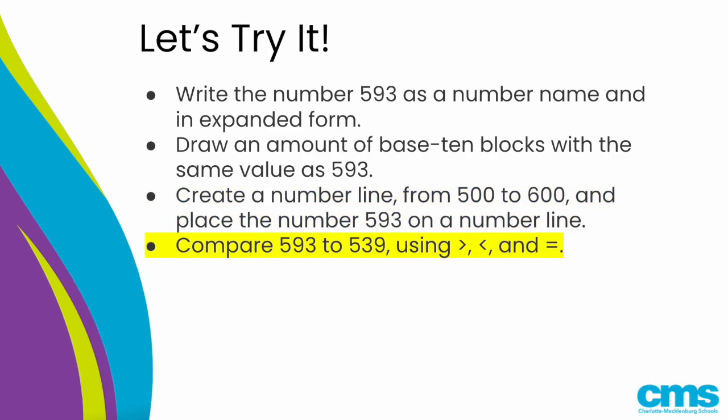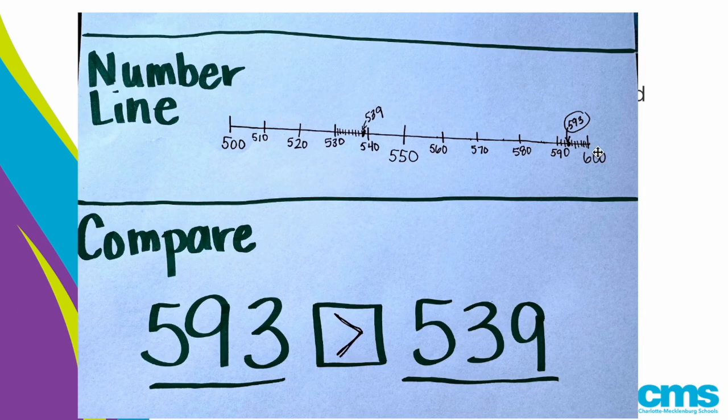So for the last part, we're going to compare 593 to 539. Now notice those have the same digits, but some of those digits are switched. They both have the same number of hundreds, so then we should be comparing the tens. So I did that actually using the number line because I had already found 593 over here. So then I thought, okay, 539 has 3 tens, so it's somewhere between 530 and 540.